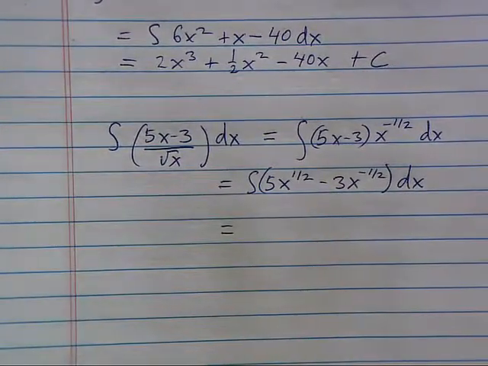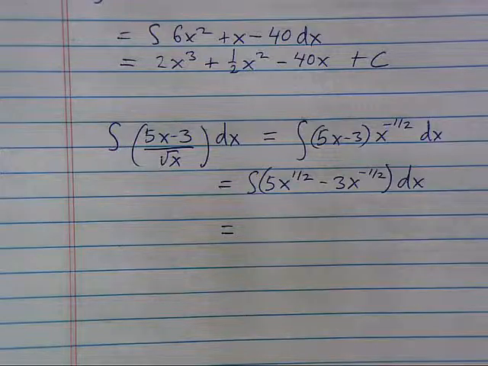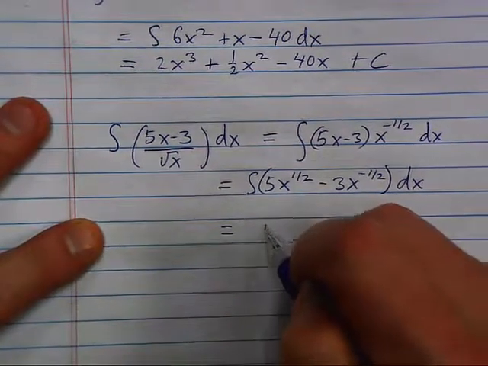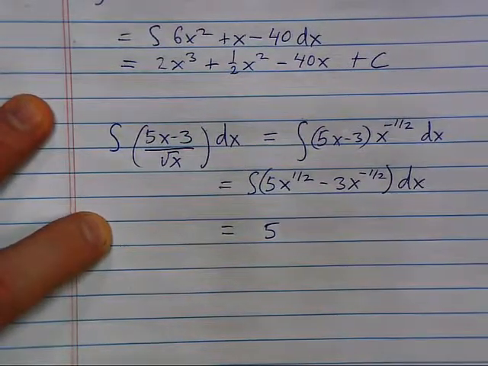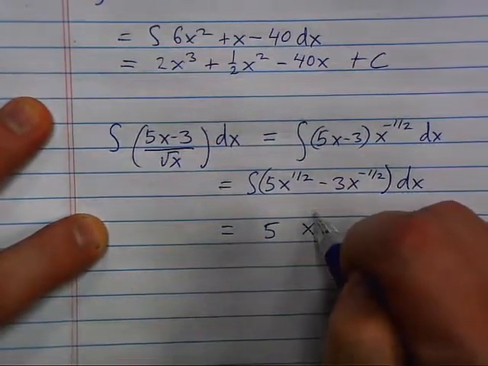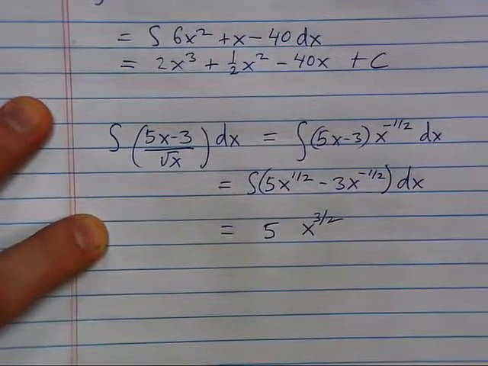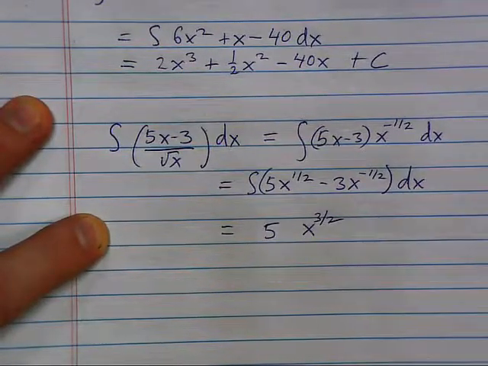What's the antiderivative of 5x to the 1/2? Okay, the 5 is going to stay, right? You're going to add 1 to your power. What's 1? So that's going to be x to the 3/2. And then you have to divide by 3/2. How do you divide by 3/2?